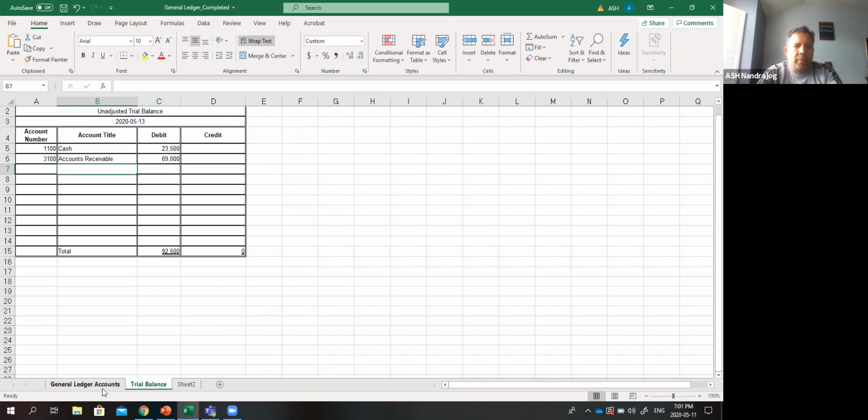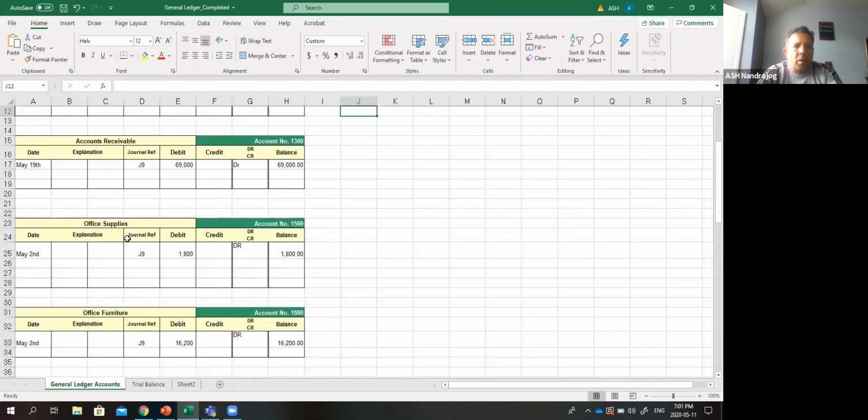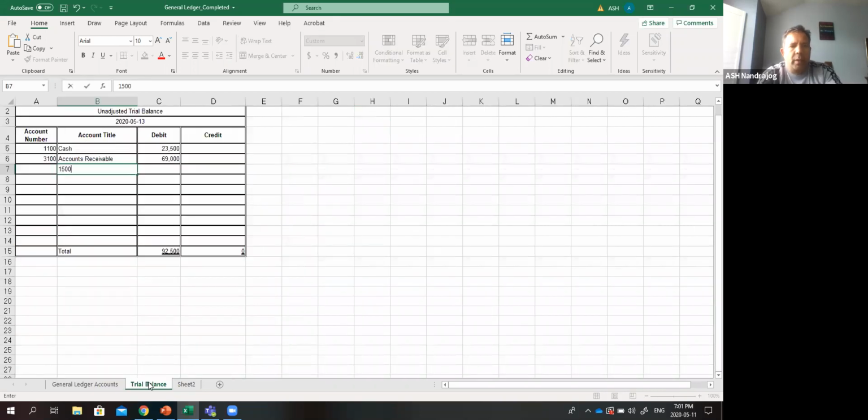Next we have office supplies. These are also assets and the balance is a debit balance of 1800. The account number is 1500 and it's the supplies.